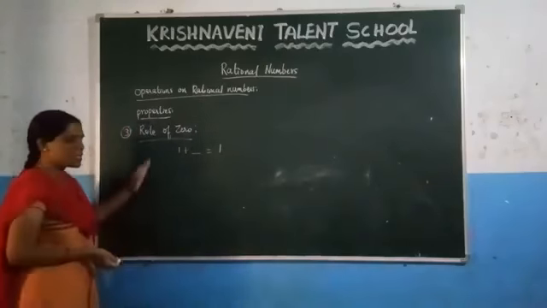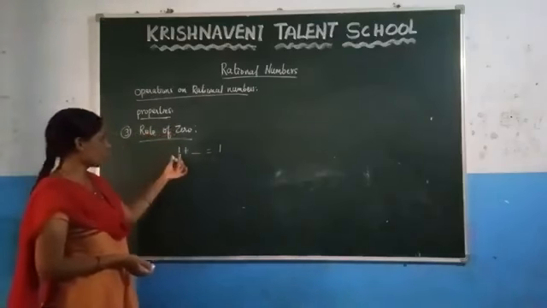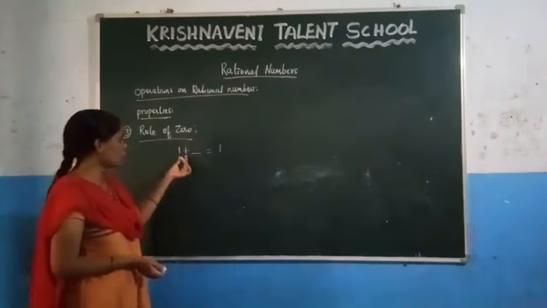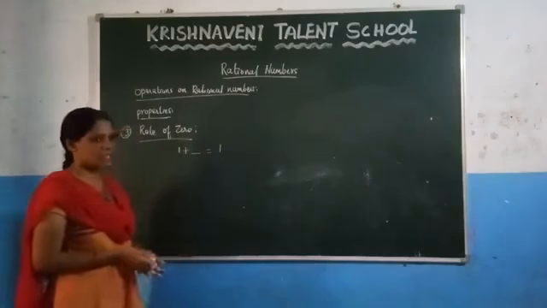So what is the number you have to add it here? What is the role of 0 says that if you consider any rational number and if you add those rational number such that you have to get the result as the same number.